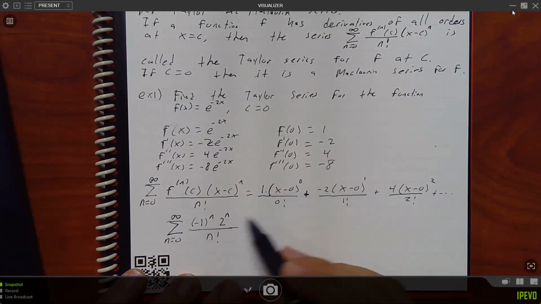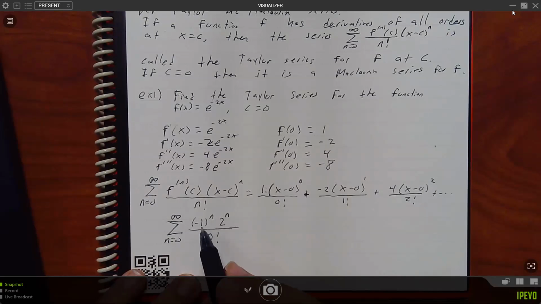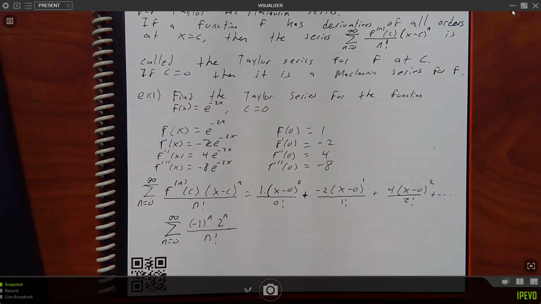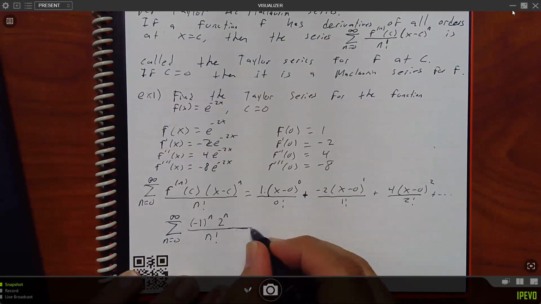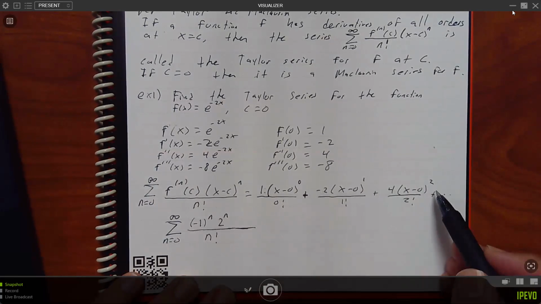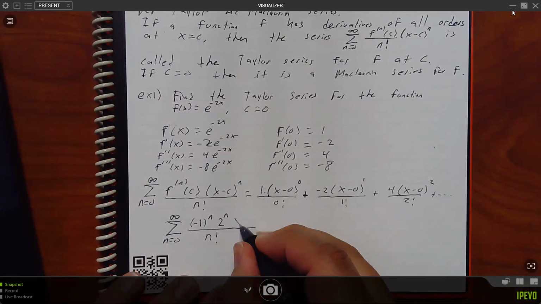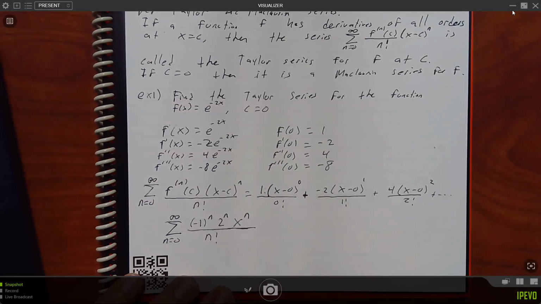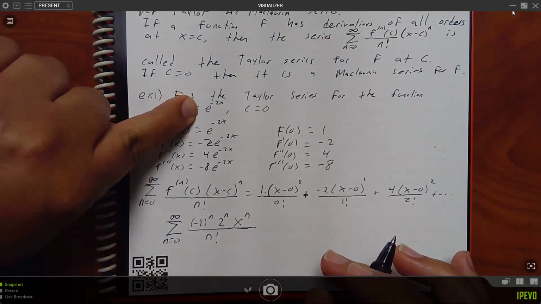At 1 gives me a 2. At 2 gives me a 4, right? So now we're matching with the index. 0, 1, 2, 3. Now the x part. 0 power, 1 power, 2 power. That 0 doesn't really do anything. So this actually represents e to negative 2x. It's pretty cool, right?